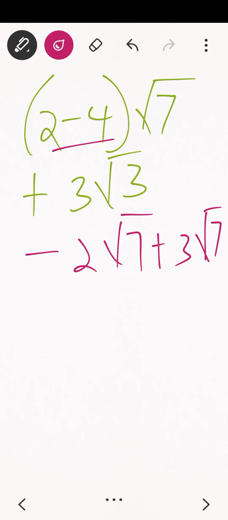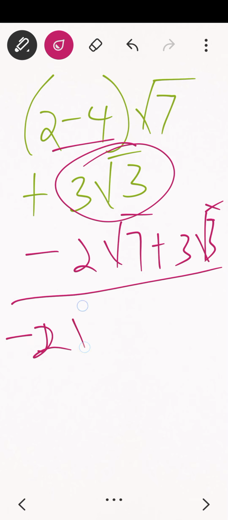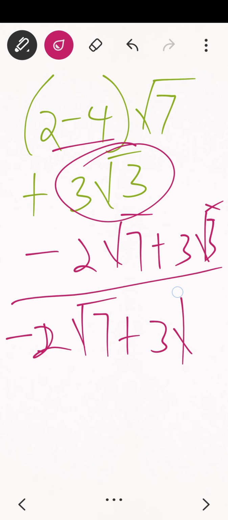And we have plus 3 root 3, I beg your pardon. That was a mistake. So our final answer is going to be negative 2 root 7 plus 3 root 3.